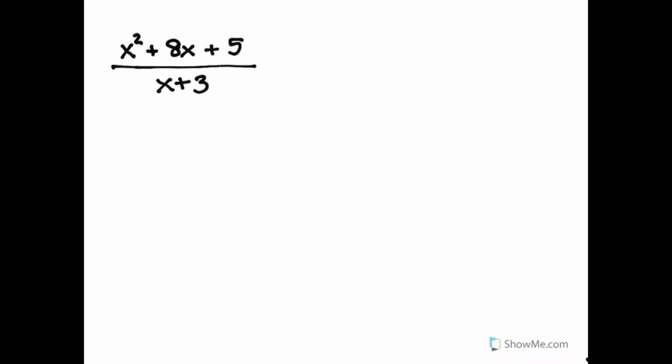We're going to practice long division with polynomials, so first let's go through with numbers. X squared plus 8x plus 5 divided by x plus 3 can be thought of as analogous to 185 divided by 13.